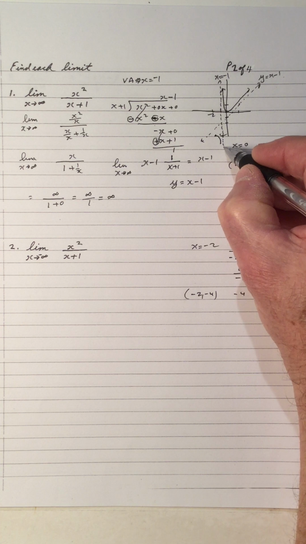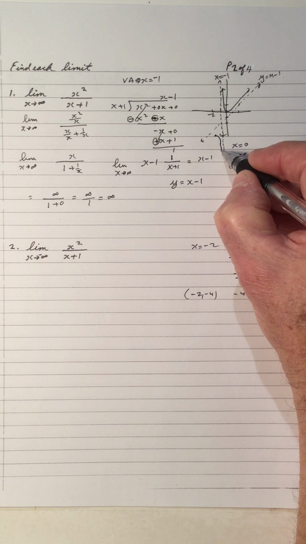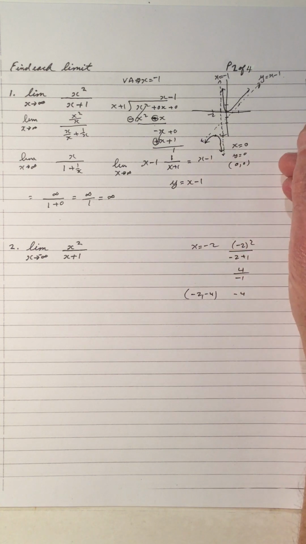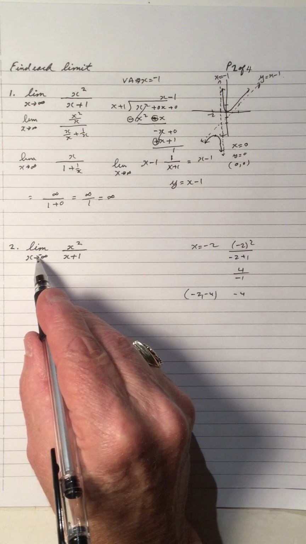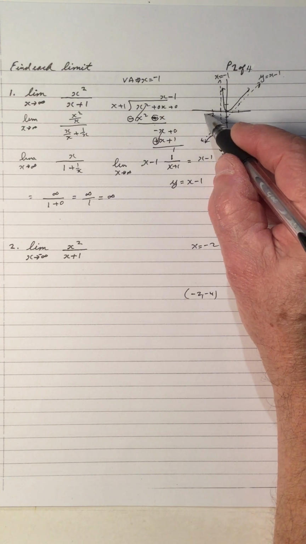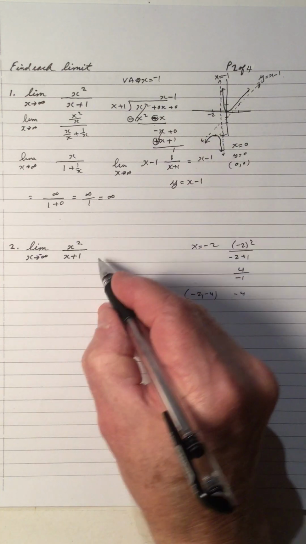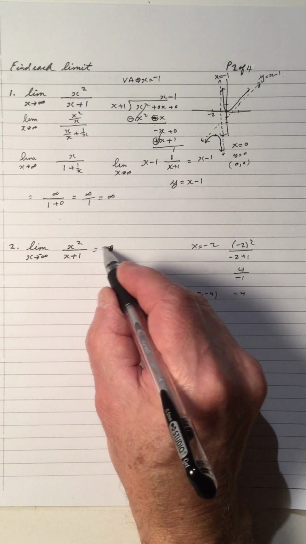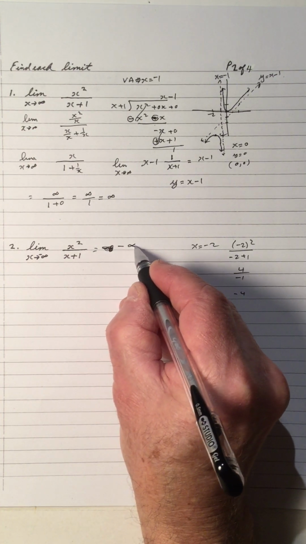So this function goes along by that vertical asymptote and along by the oblique asymptote. To answer this question, as x goes to negative infinity this way, y is going down towards negative infinity.